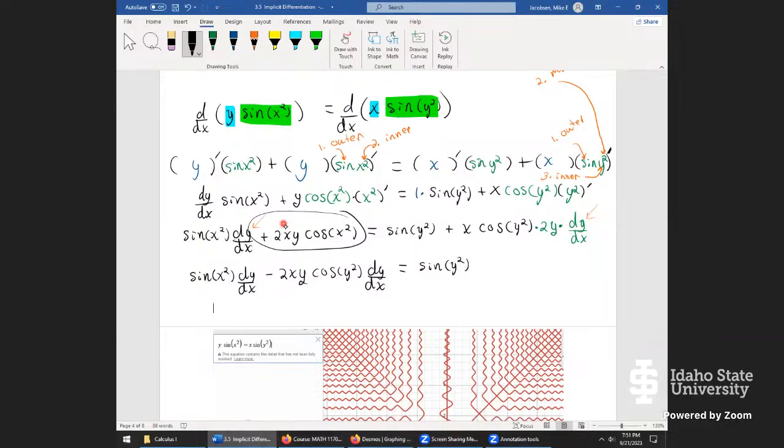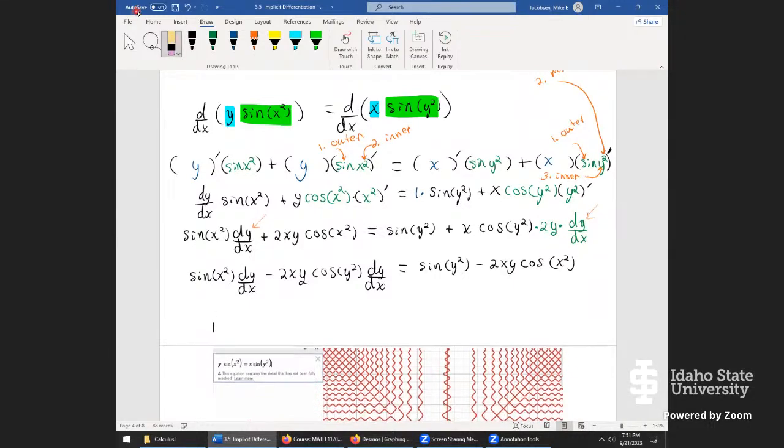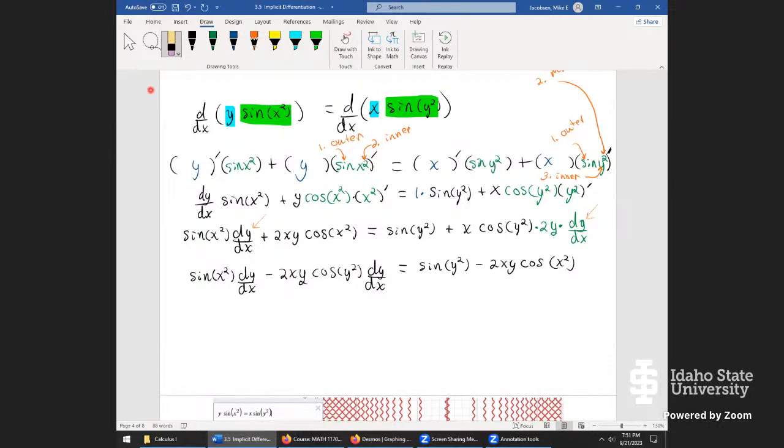Then subtract 2xy cosine x squared. Thank goodness there's more space, so we're just about there, folks. When this happens, we kind of know what to do. We just factor out a dy dx. I'll factor it to the right, and then we'll divide by whatever survived after the factoring. Any questions to this stage?